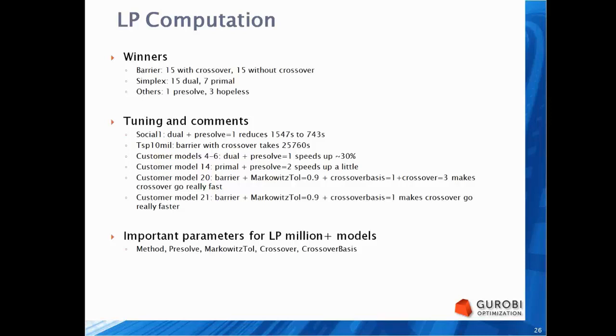Also, later I'll mention this for MIP. Simplex is somehow more important for large MIP models, because the warm start barrier can only be used for the root relaxation, and most of the time you need to use dual simplex to handle a node relaxation using restart, a warm start.